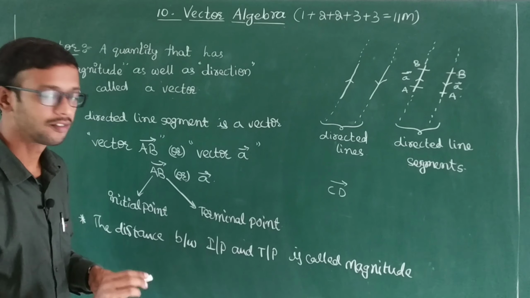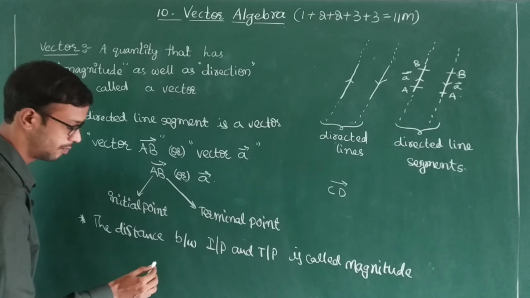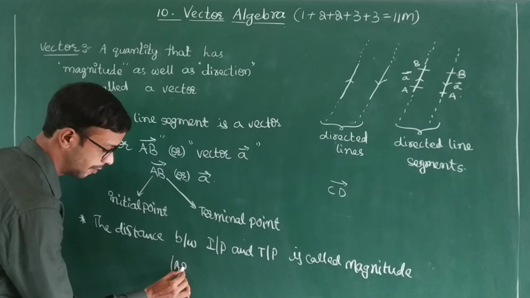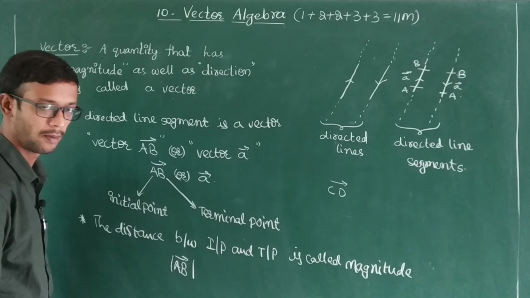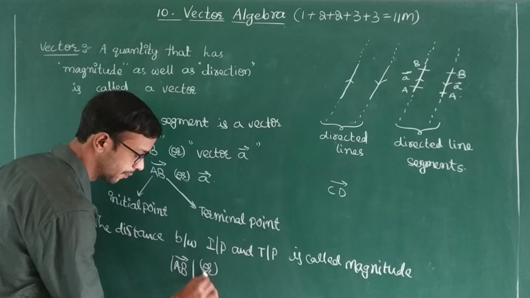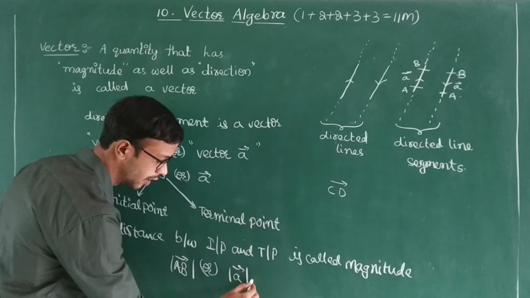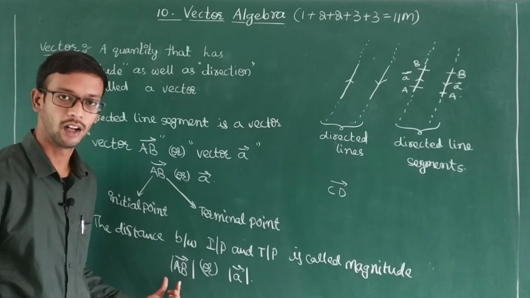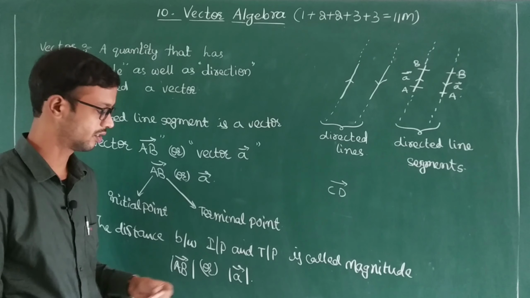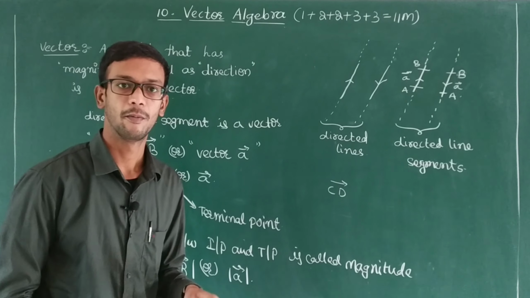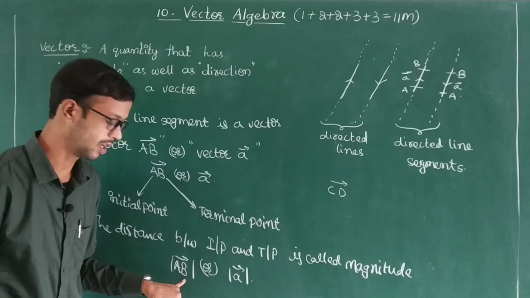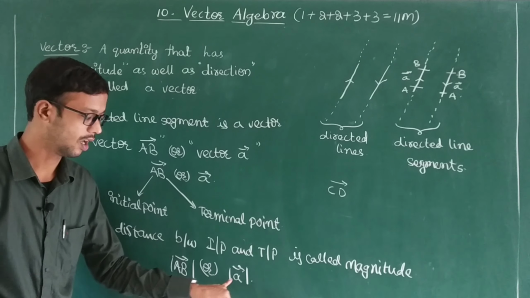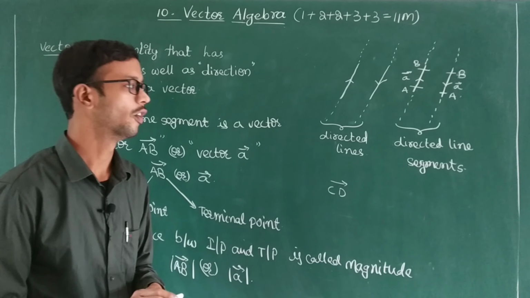So magnitude is denoted by magnitude of AB bar, or magnitude of A bar. This is not mod, this is the magnitude. Magnitude is nothing but the distance between the initial point and terminal point.